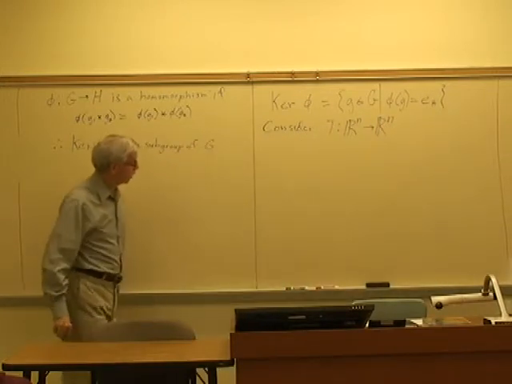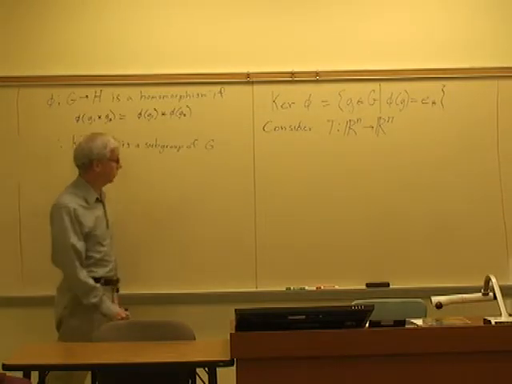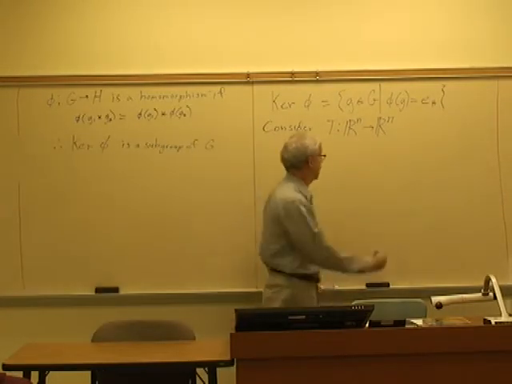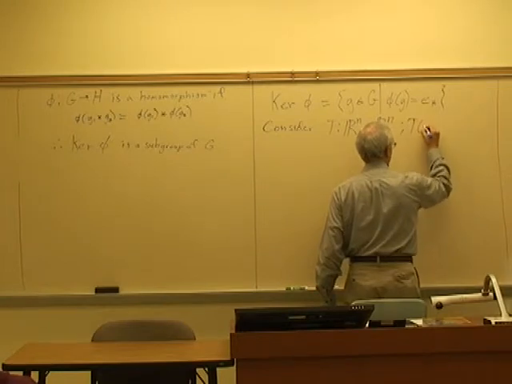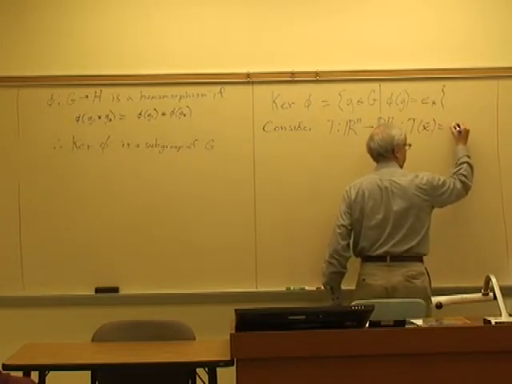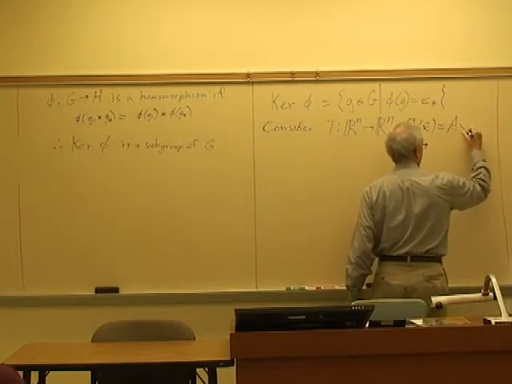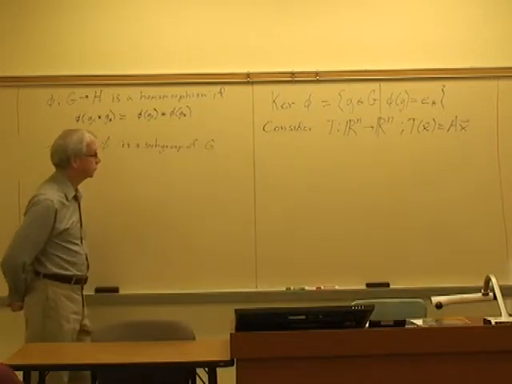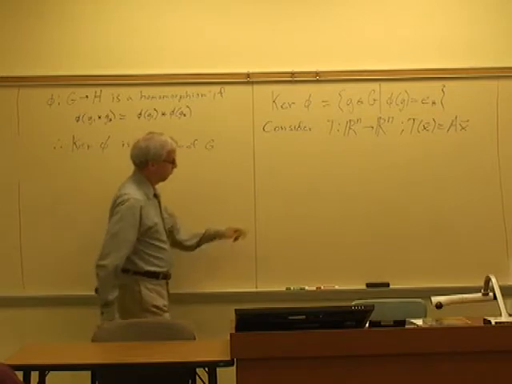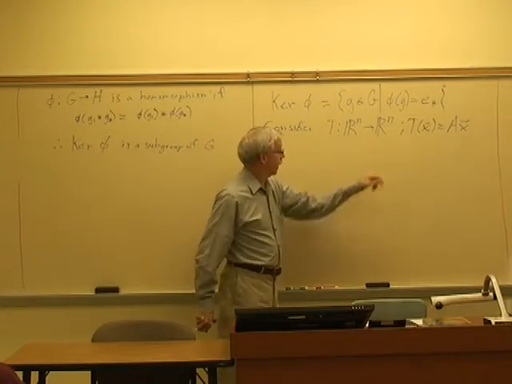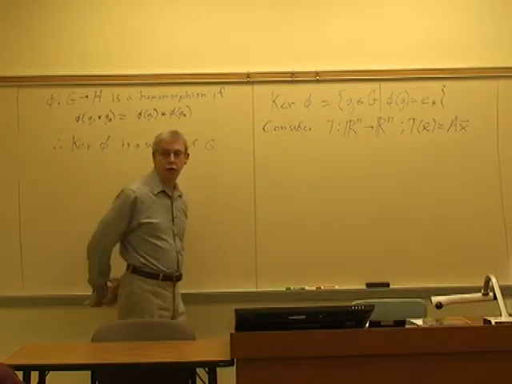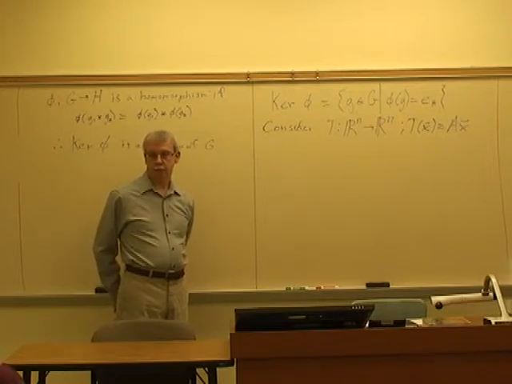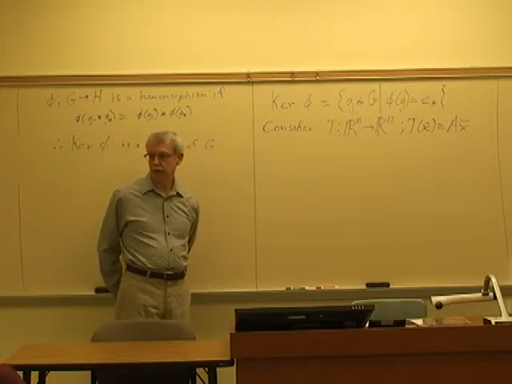Linear transformation, I'm going to leave it as a square matrix representation from Rn to Rn, where T of x is Ax. Remember, the vector space Rn is a group under what operation?